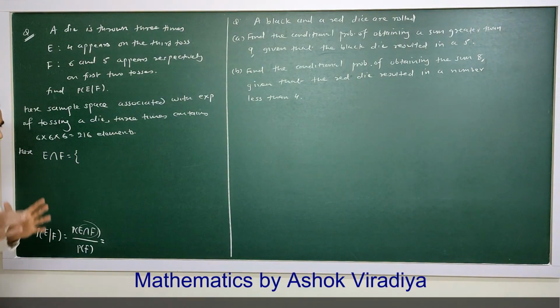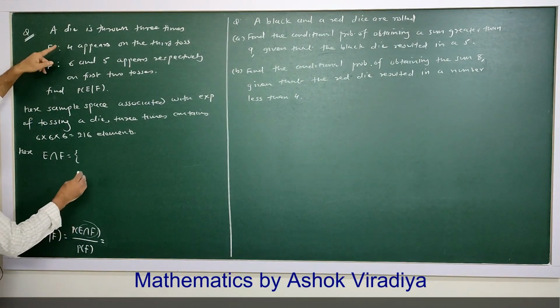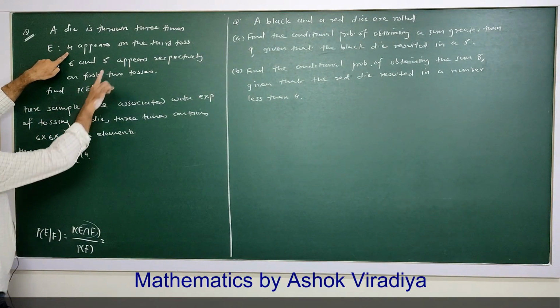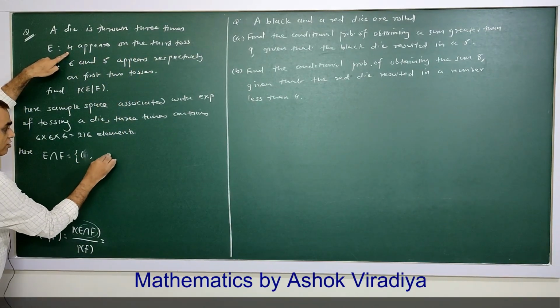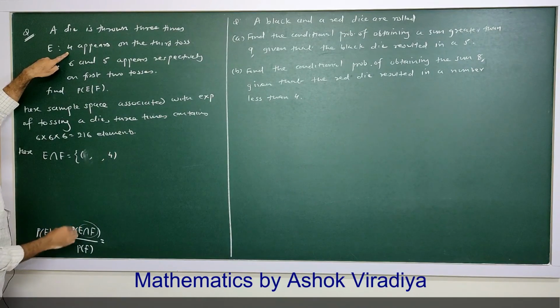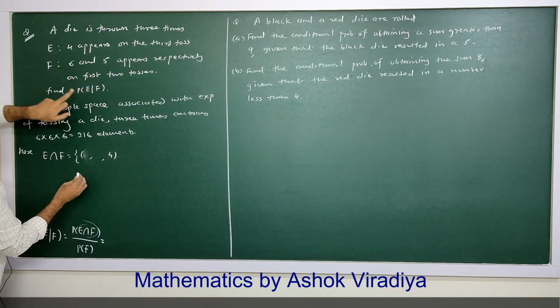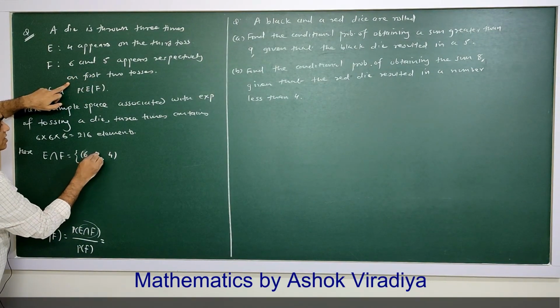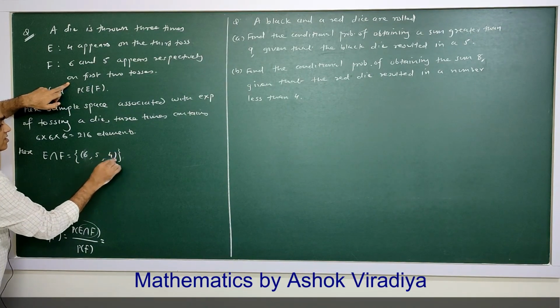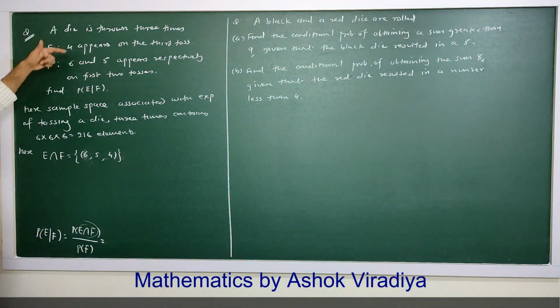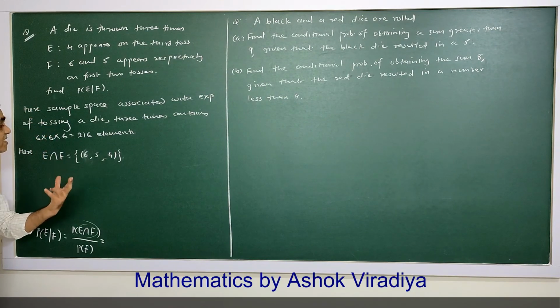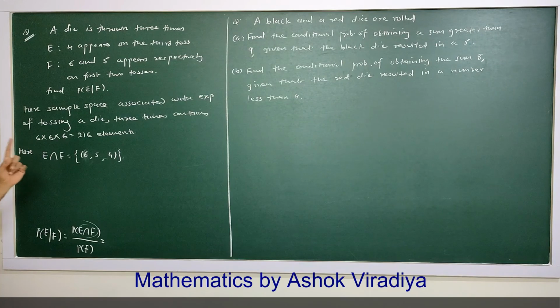There exists one and only one element satisfying both conditions, so E intersection F has only one element.